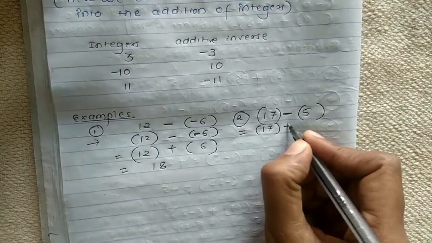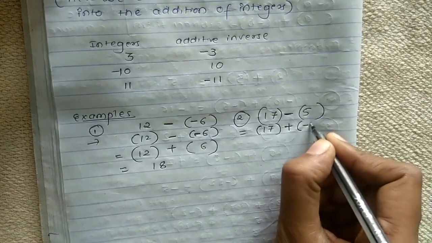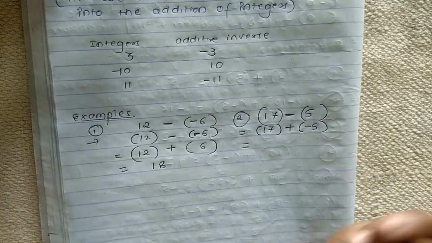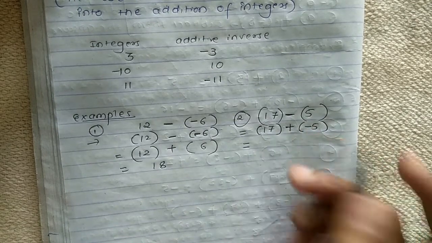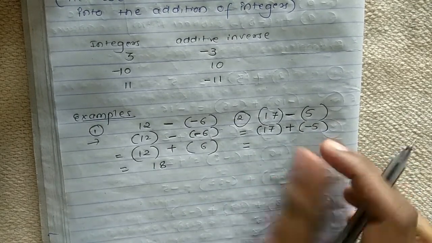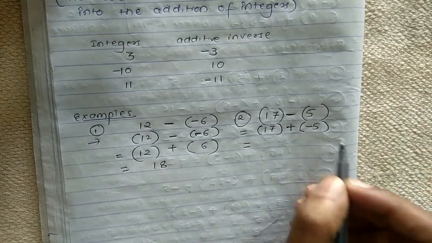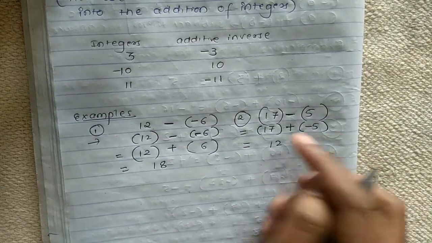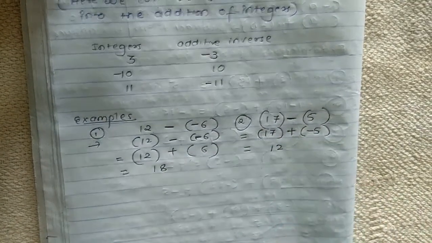It means add the additive inverse of plus 5. The additive inverse of plus 5 is minus 5. Now we have converted this into addition of integers. Apply the rule: one is positive, one is negative, so we have to subtract them. 17 minus 5 is 12, and give the sign of the greater number. 17 is greater, so its sign is plus.